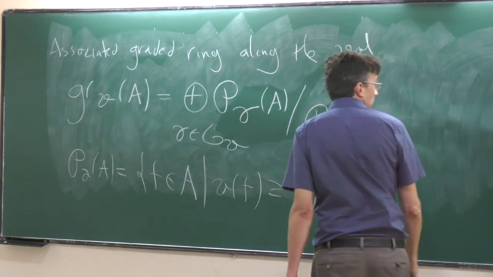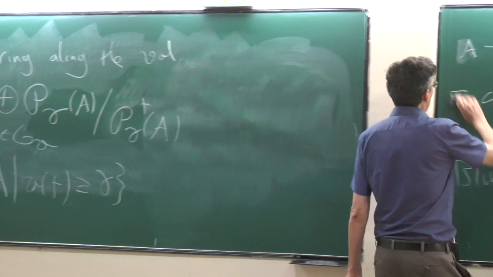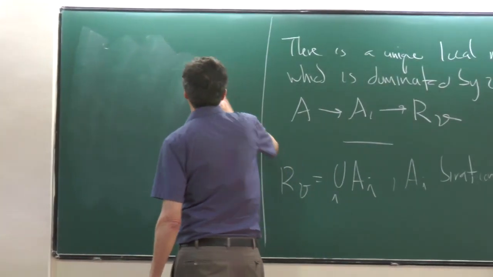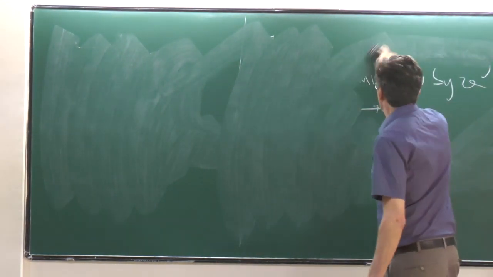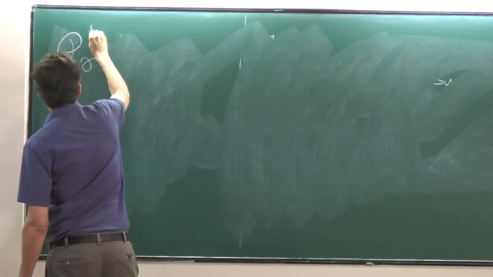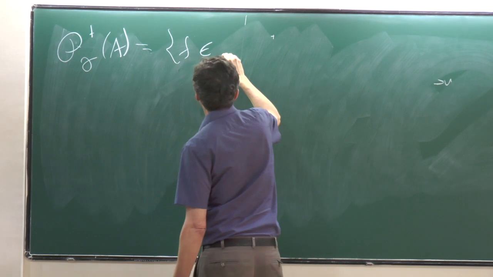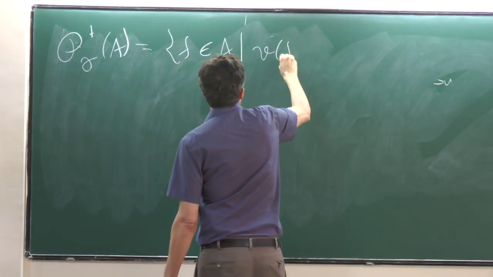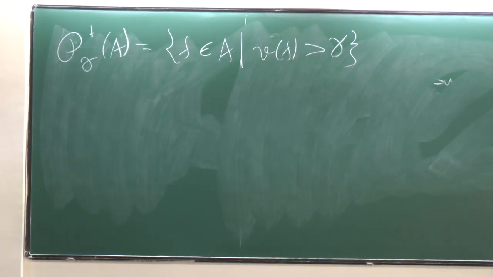And the other one with the plus, P_gamma+ of A, is equal to f in A such that the value of f is strictly bigger than gamma. Okay, so this is almost never a Noetherian ring. In fact, even if the group is the integers, it's very often not Noetherian.